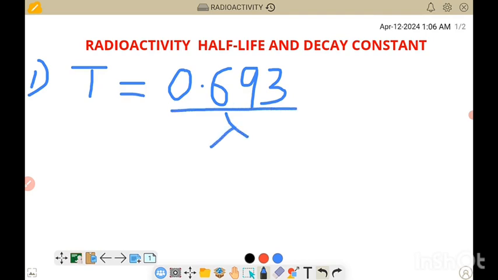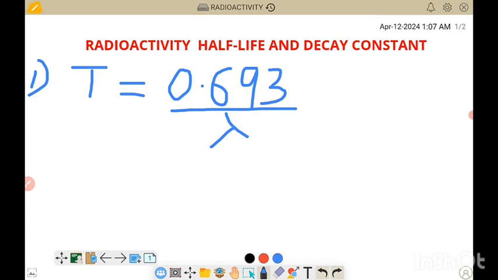In this equation, capital letter T represents half-life, while the symbol lambda represents decay constant. So this is the relationship between half-life and decay constant. They may even ask you in some examinations to state this relationship.